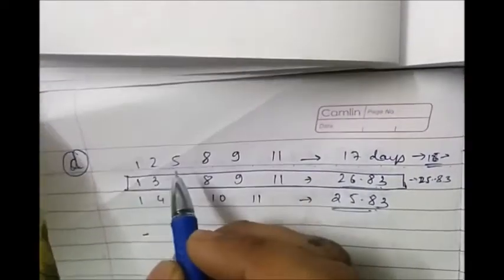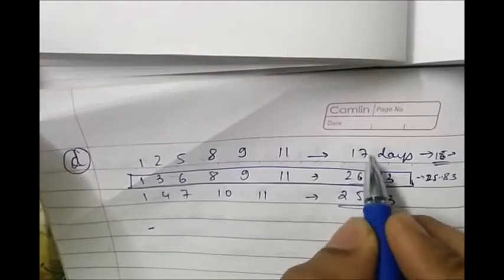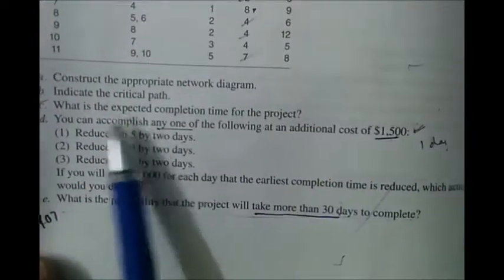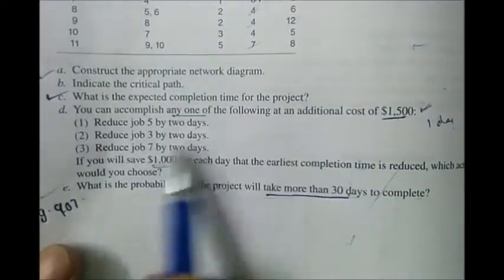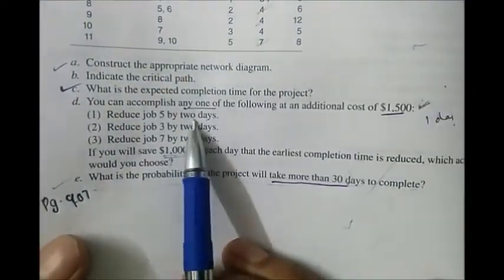Since job 5 is not lying in the critical path of 26.83, we would completely discard it. If you want to see where job 5 lies, here it's already taking 17 days, and once you reduce it, it becomes 16. Now there's one more thing worth noticing: it says reduce job 5 by 2 days. It's not possible that you reduce it just by 1 day.